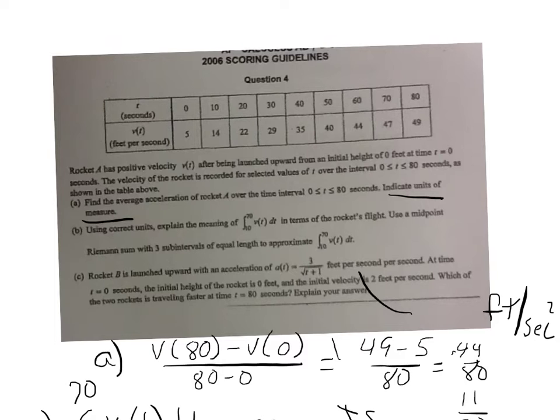Yes. You can do the interval of 10 to 30, then 30 to 50, and 50 to 70. Okay, so it should be 10 to 30, 30 to 50, and 50 to 70.